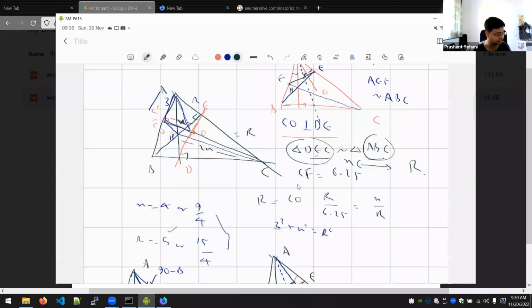For example, here we compared R and 6.5, the altitudes. So that is how we obtained the first equation. And then the second equation through Pythagoras in triangle AFO. Sorry, AC dash.